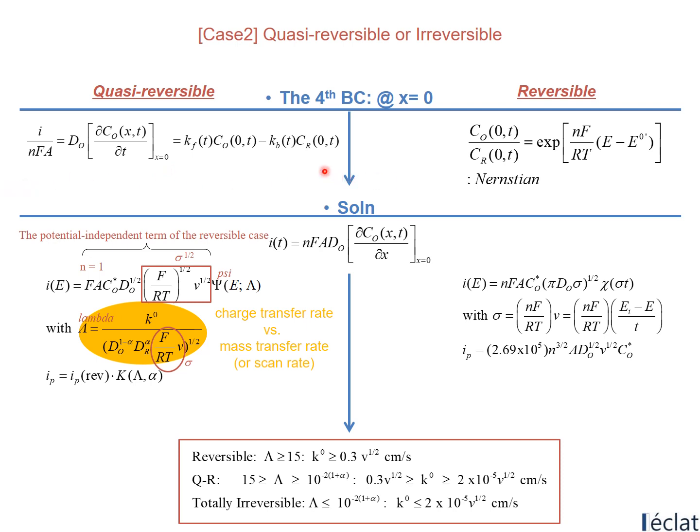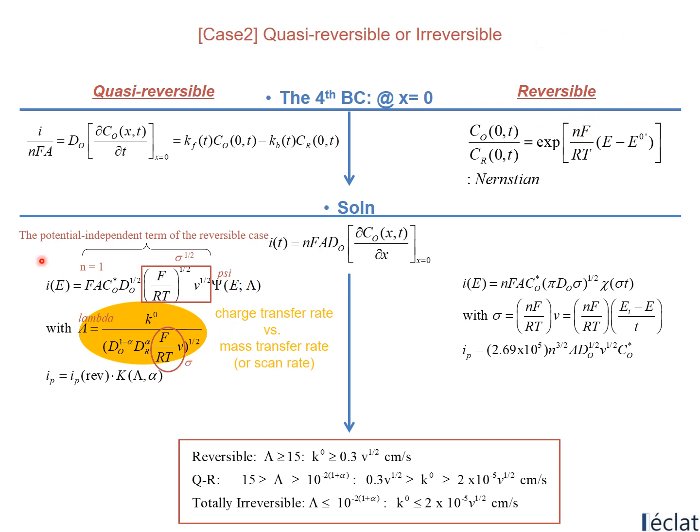Okay, so after changing the boundary condition from the Nernst equation to some kinetic description, we could obtain the final solution for the quasi-reversible systems. Actually, the rough sketch of the final solution for quasi-reversible is very similar to the situation of the reversible reactions.